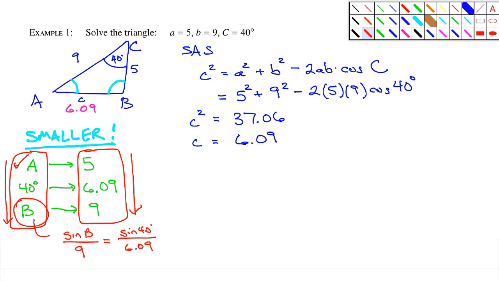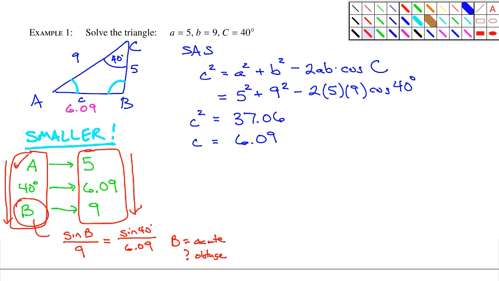And the problem is when we try to work this out, the calculator is going to give us an acute angle for B. What we don't know at this moment is whether or not B is acute or if it is obtuse. If B is obtuse, doing the law of sines is not going to tell us that. And so we can't go for B at this moment.